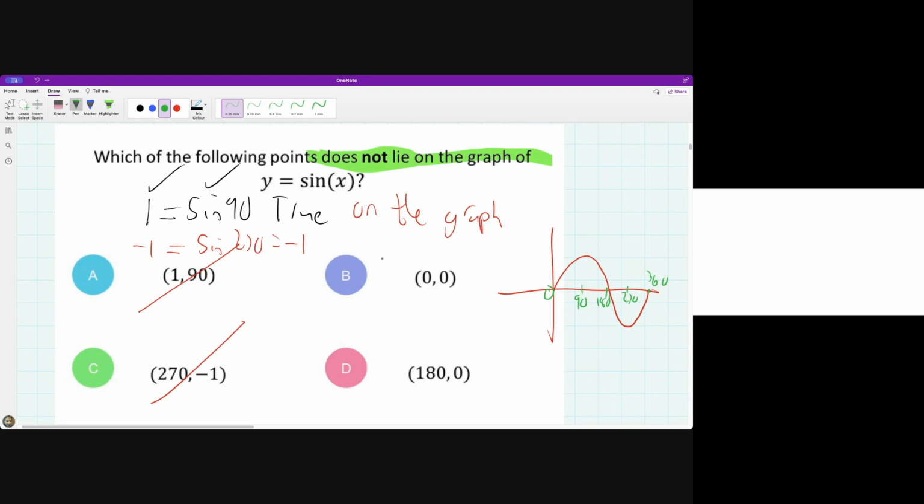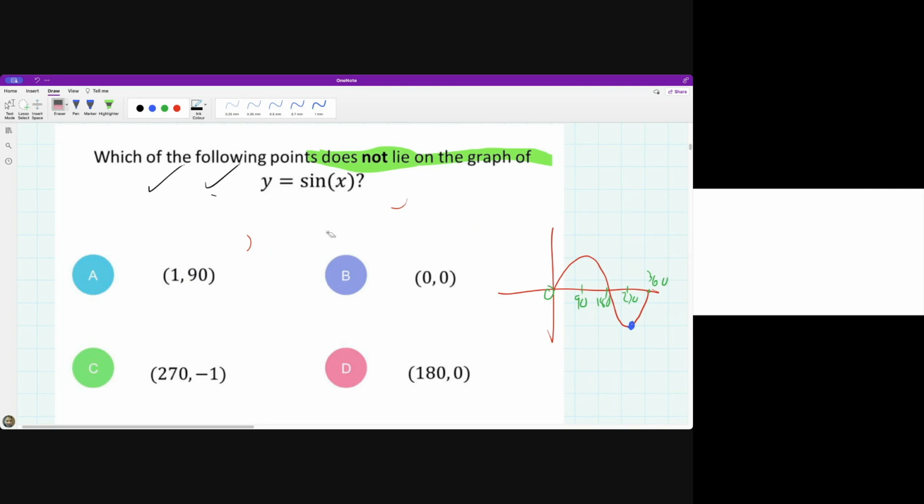Which point does not lie? So 270 minus 1, I can see it over here. The sine of 270 is minus 1. Oh, I've made a mistake. I've made a mistake again. Oh my goodness. It almost caught me because I was like, 0 is on the line too. 180, 0 is correct. The answer is 190. And the reason I didn't see it was because my brain was telling me it was 91, which is this point over here, but it doesn't say that.